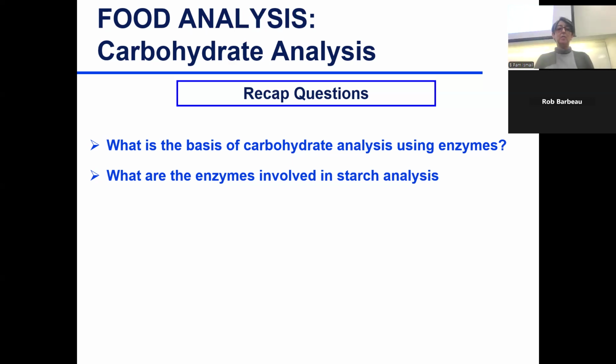What are the enzymes involved in starch analysis? Graham? Yes, it is one of the enzymes. Once you get to the glucose, you have one of the enzymes. But in your starch, what do we need to do first? Is it pullulanase?